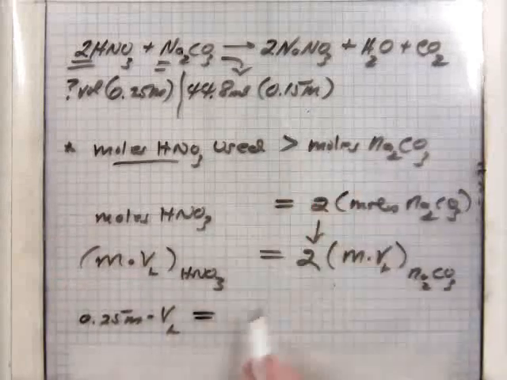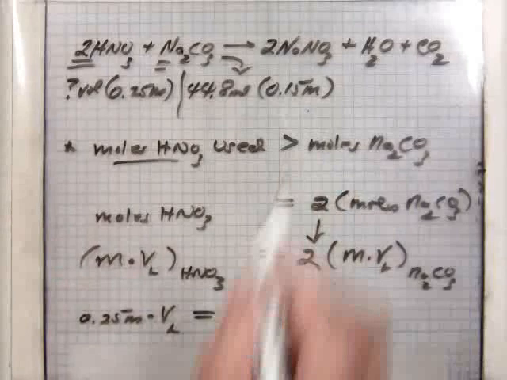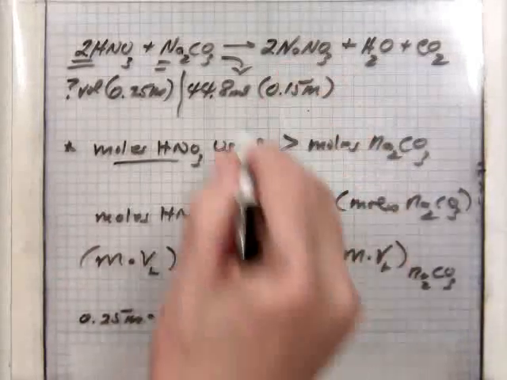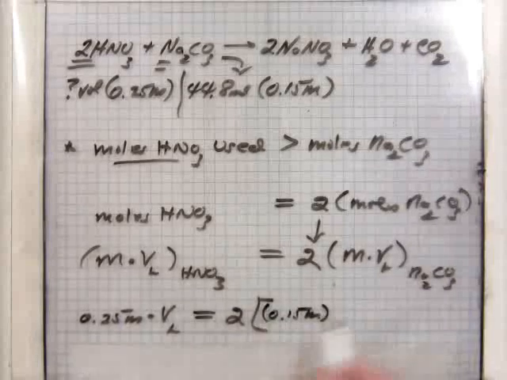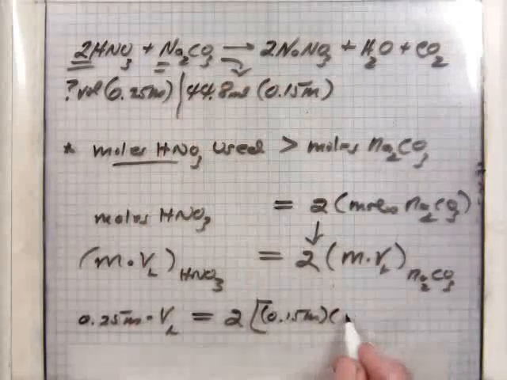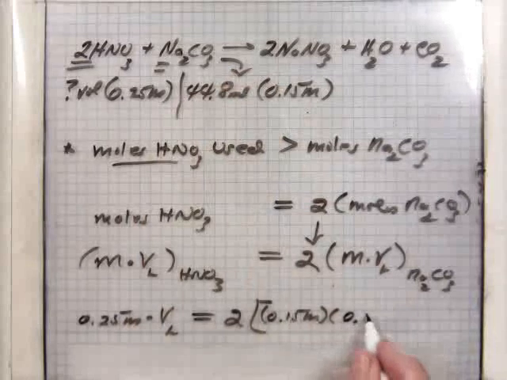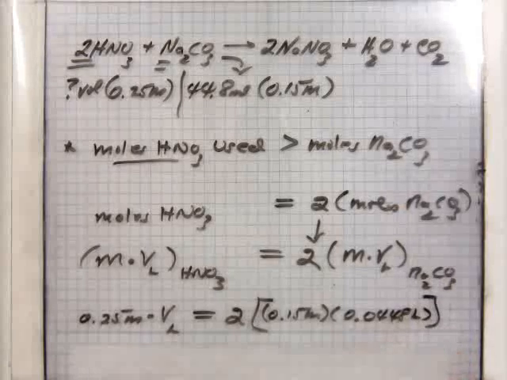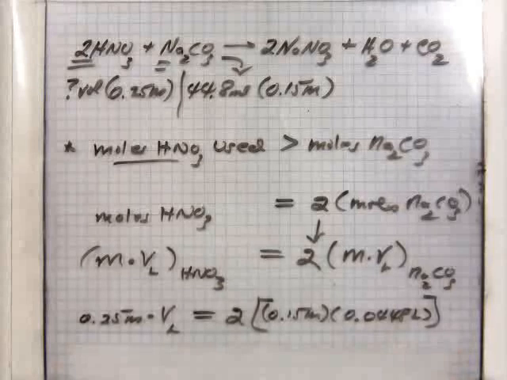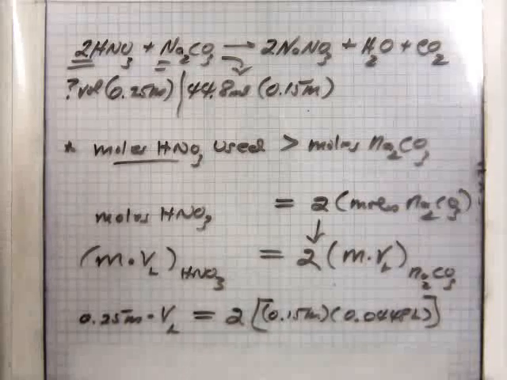And then you have 2 times the molarity, which is 0.15 molar, times volume in liters, if you want to keep it that way, 0.0448 liters. Now solve that for the unknown. And all you're doing is really applying the concept of convert to moles and apply it to the equation. See what I did? You follow me?